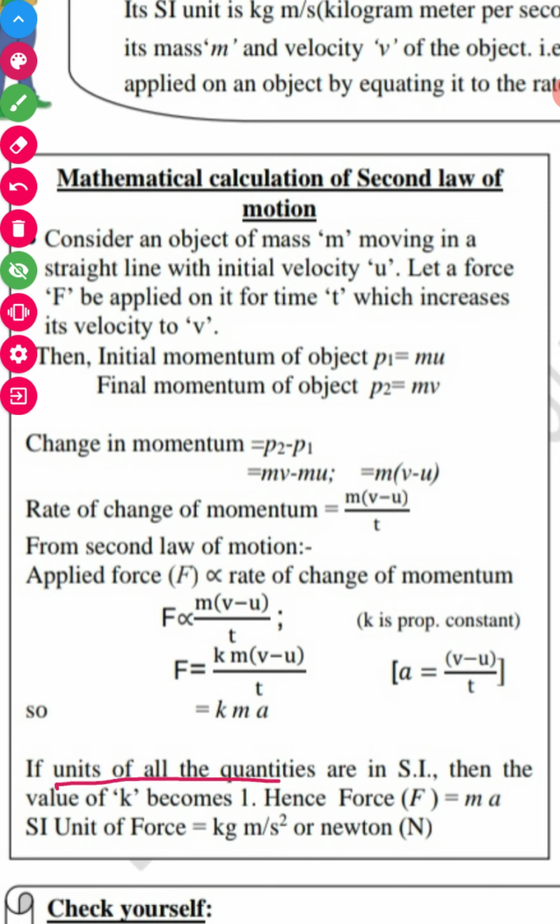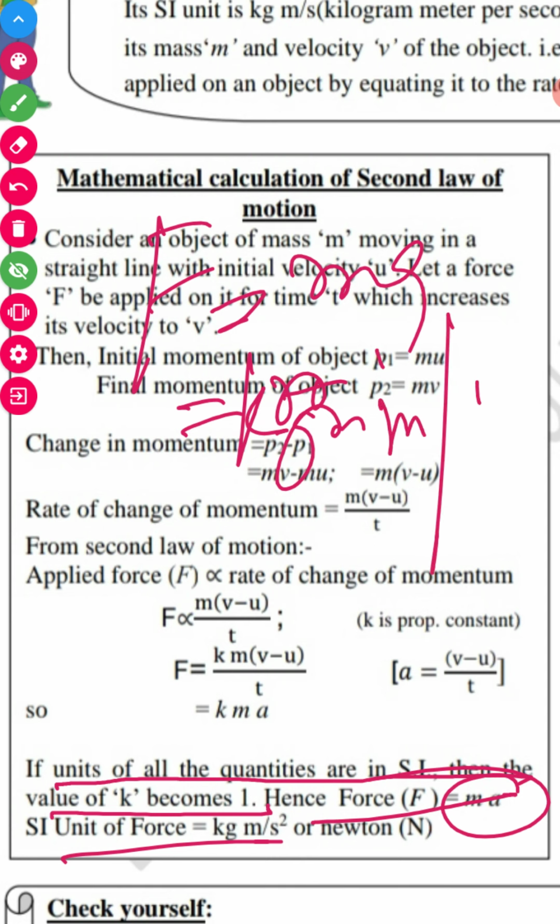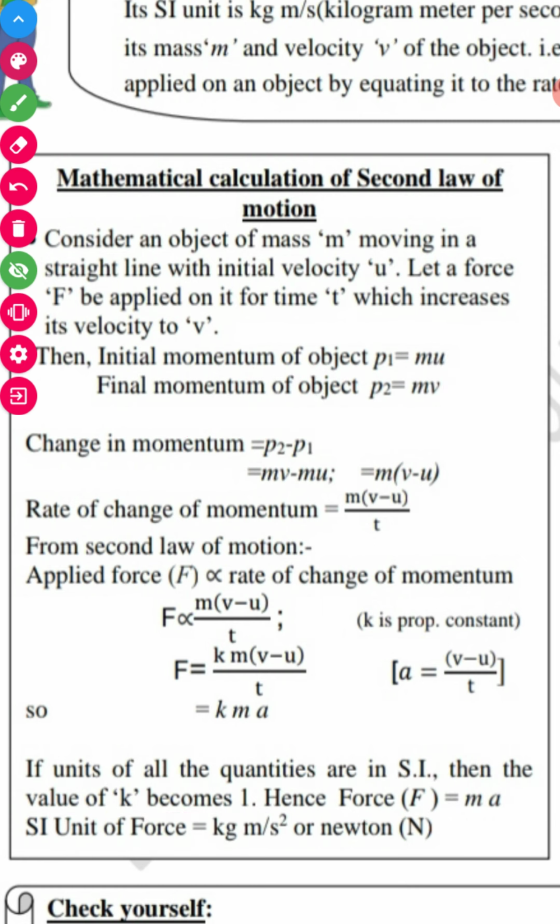If the units of all quantities are in SI, the value of k becomes 1, and hence force is equal to m into a. Its unit is kilogram meter per second square, or Newton.